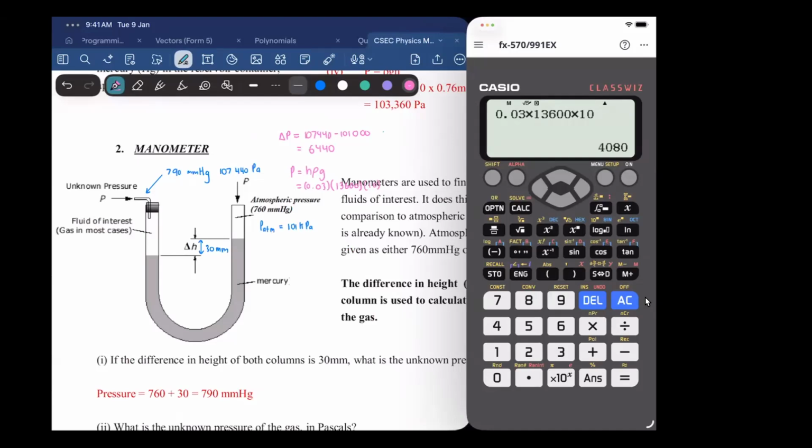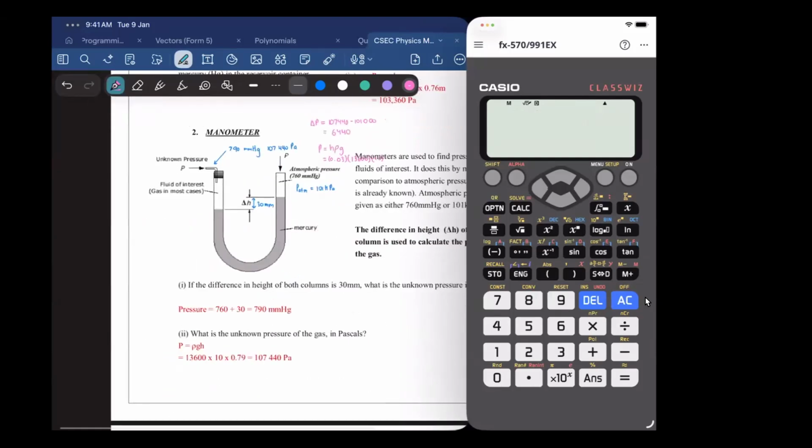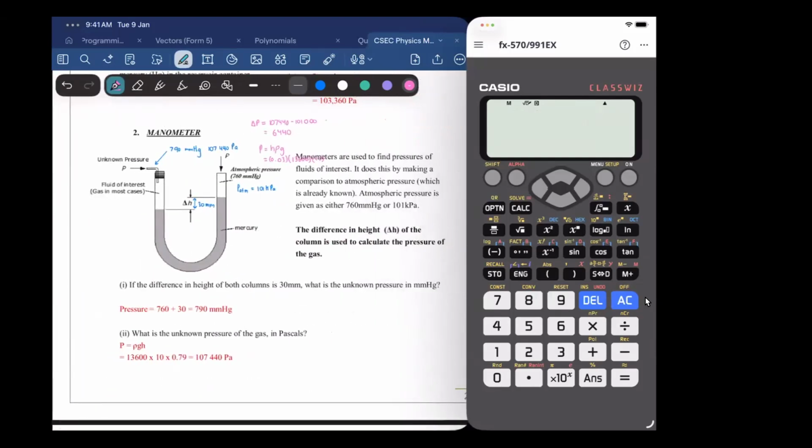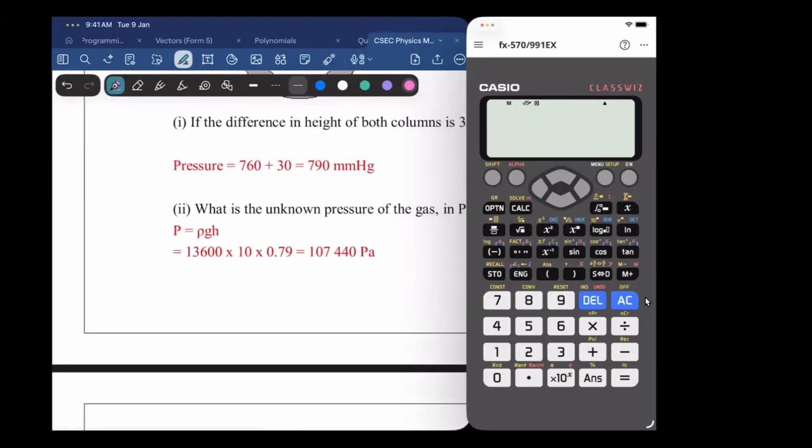Hmm. It's supposed to work out. Unless this calculation is wrong.